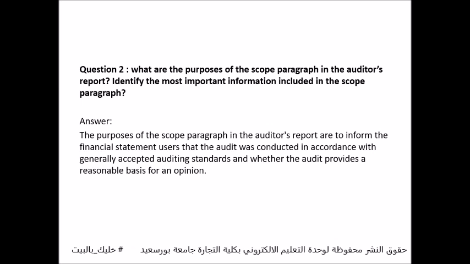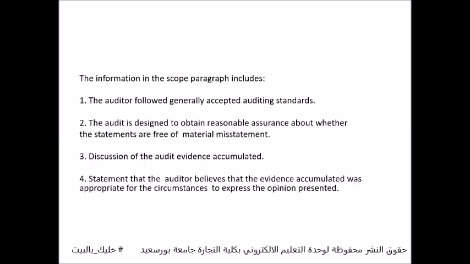The purposes of the scope paragraph in the auditor's report are to inform the financial statement users that the audit was conducted in accordance with the generally accepted auditing standards, and whether the audit provides a reasonable basis for an opinion. The information in the scope paragraph includes the following.